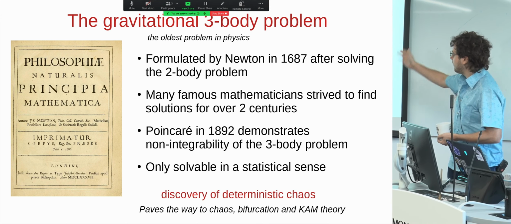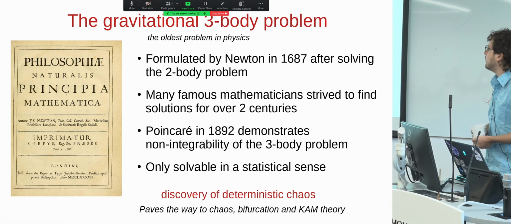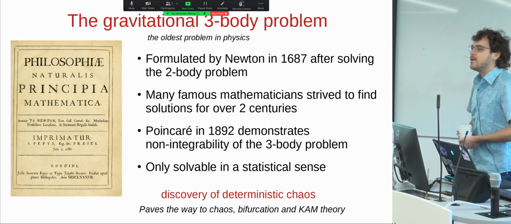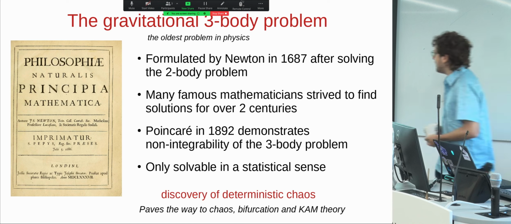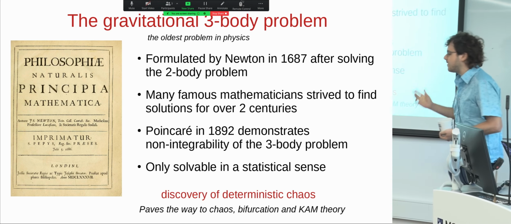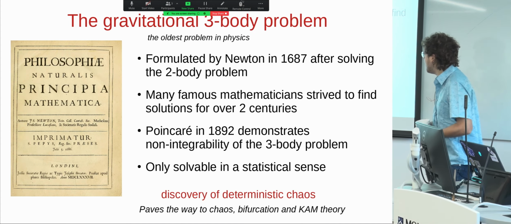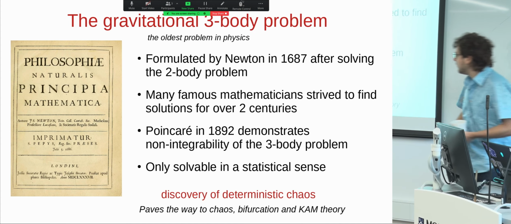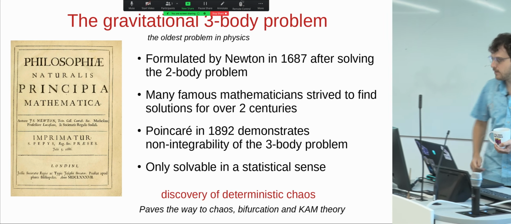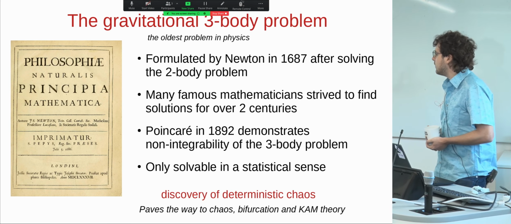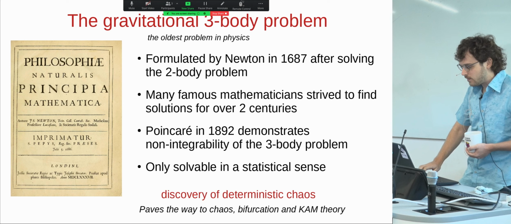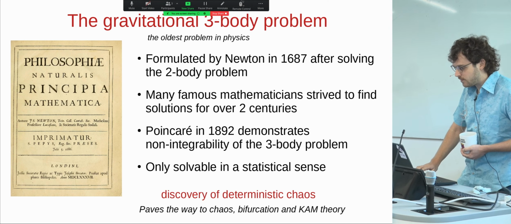The discovery of Poincaré actually got him a prize from the King of Sweden at the time for one of the greatest discoveries in mathematical physics, and paved the way to a branch of mathematics that includes chaos theory, bifurcation theory, and KAM theory.